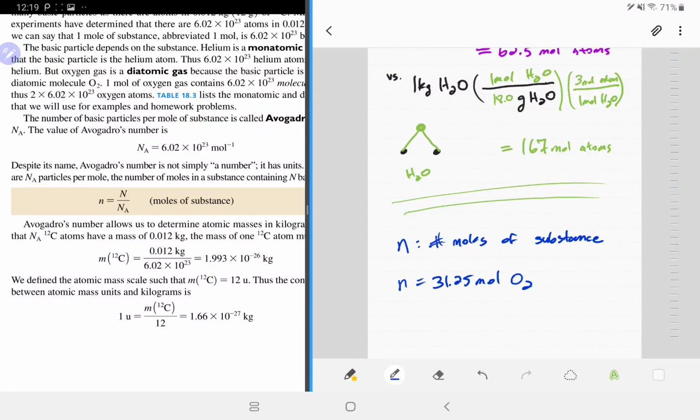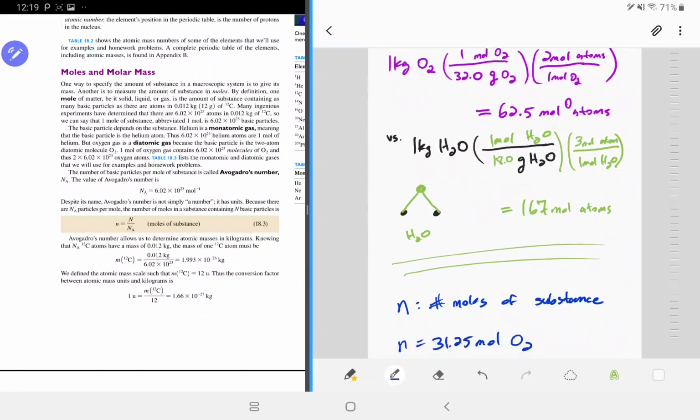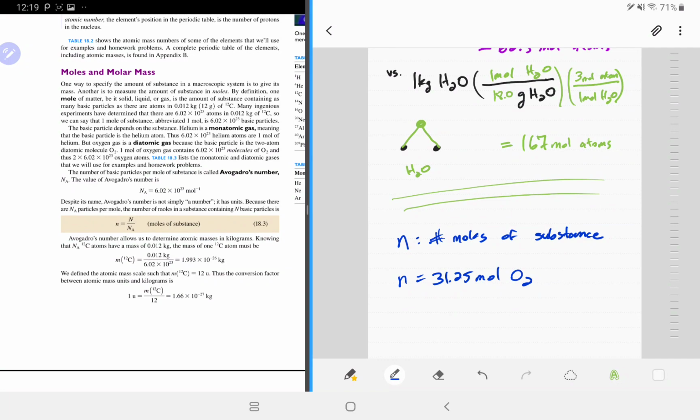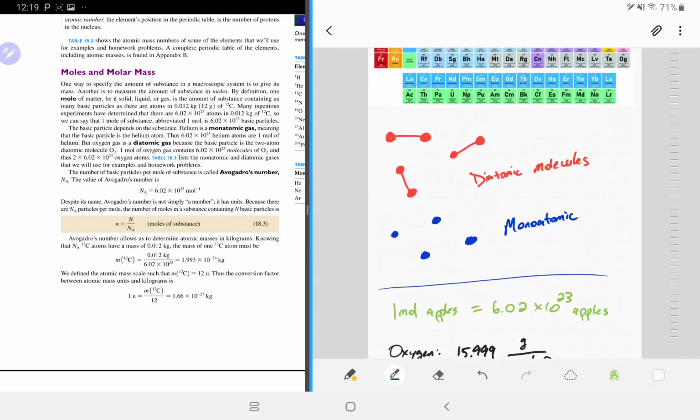And really we care more about molecules. So when we write down the ideal gas law, PV equals nRT, the n is going to refer to the number of molecules. So if you have a diatomic gas like this, this will act a lot of times like one object, like a single object, for a lot of things that we're going to do in thermodynamics. And so that's why we just say number of molecules.